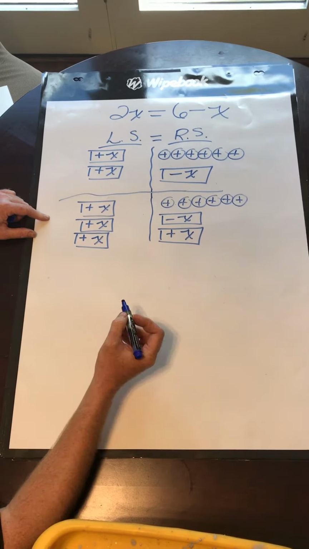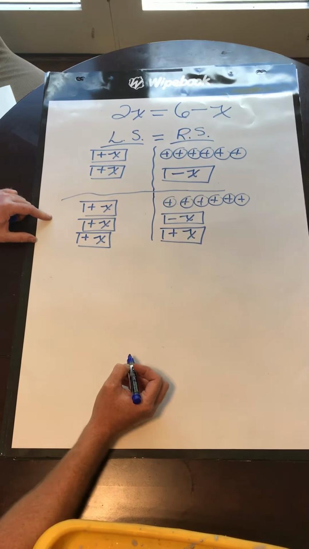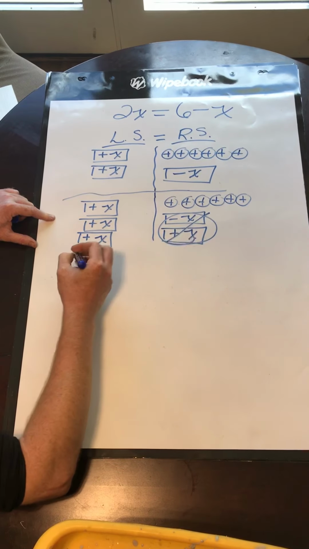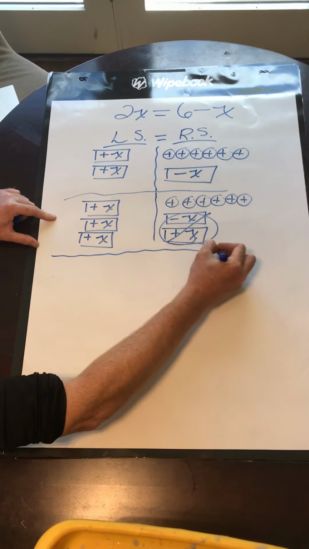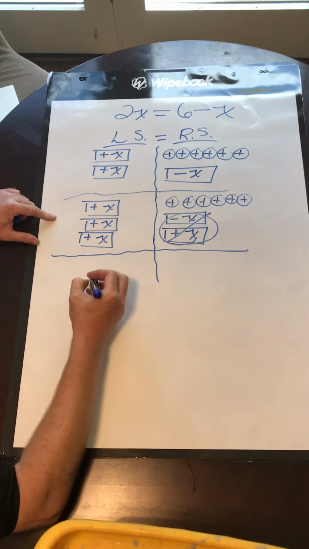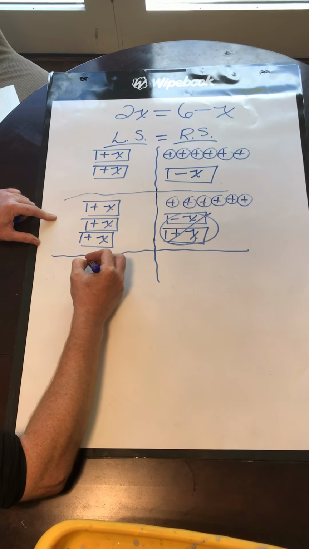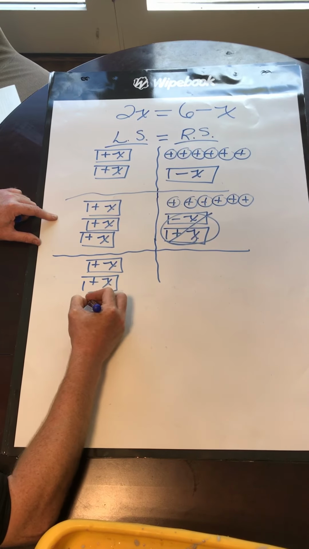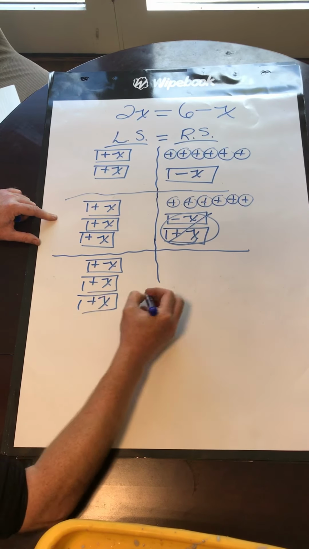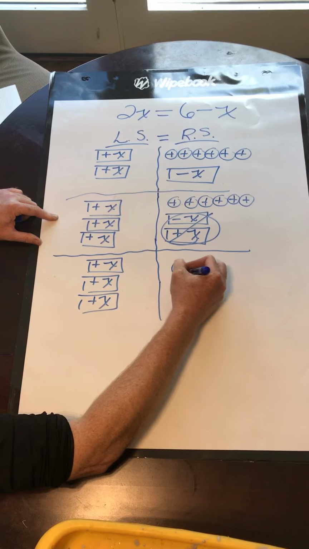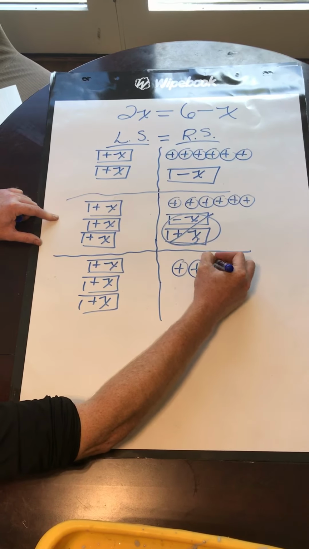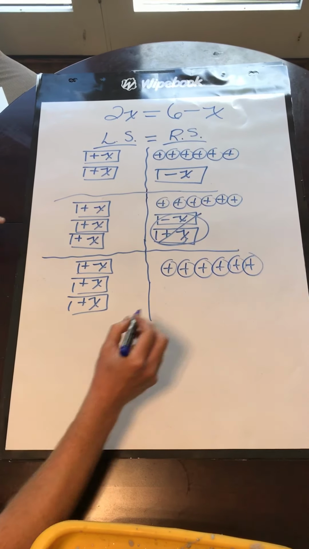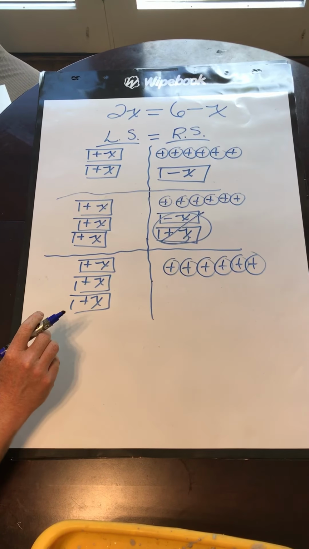Okay, now I can look and say, do I have any 0 pairs anywhere? Well, yes, I do. There's a 0 pair right here. Okay, and now I am going to simplify again. So on this side I have 3 positive x tiles, and on this side I have 6 positive unit tiles.